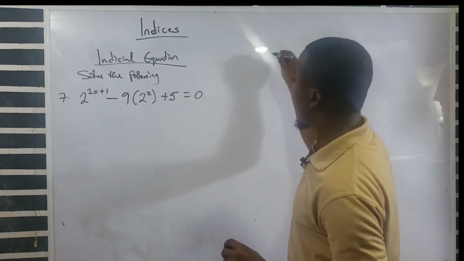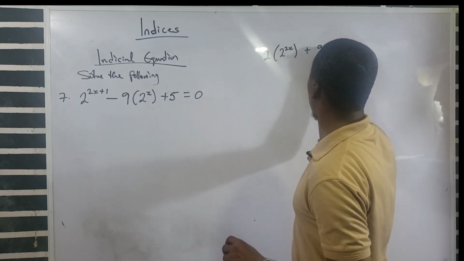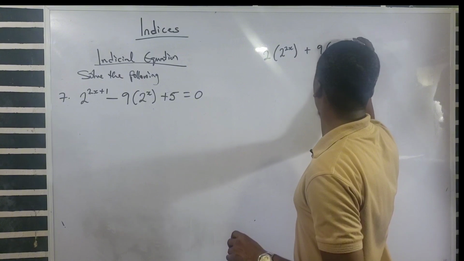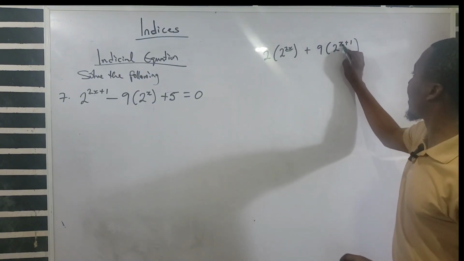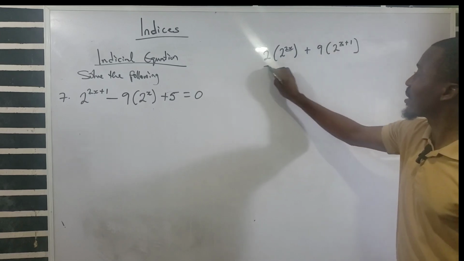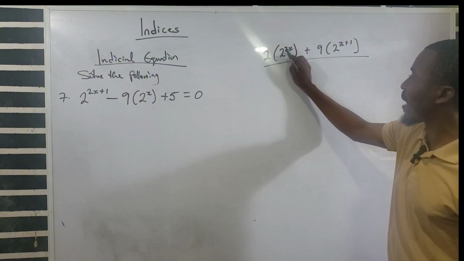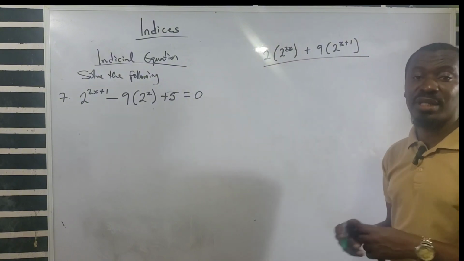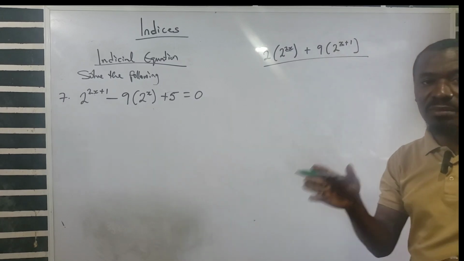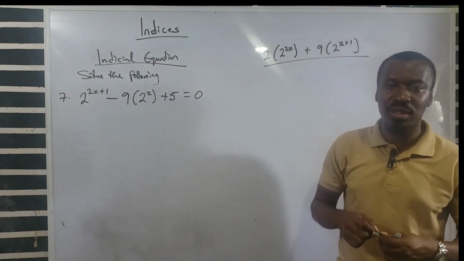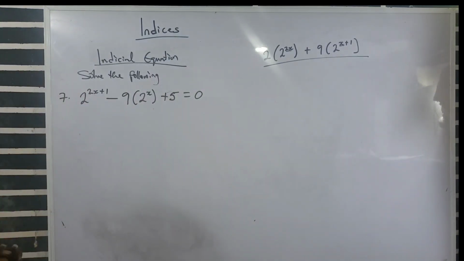We can have 2 into 2^(2x) plus 9 into 2^x plus 1. They cannot hide it. So you can see your 2x, you can see your x. So whenever you see an expression of that nature, where you have a term that has 2x or 2y, whichever variable they decide to use, and you now look at the other one, there is just x, suspect that it is going to lead us to what? A quadratic equation. So let us see how this one will lead us to a quadratic equation.